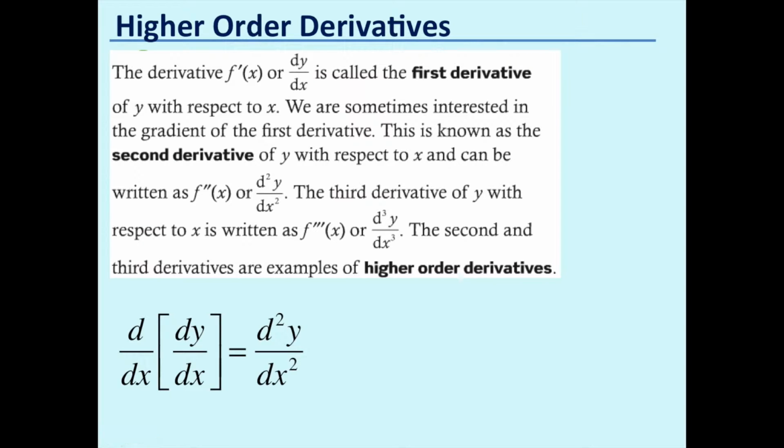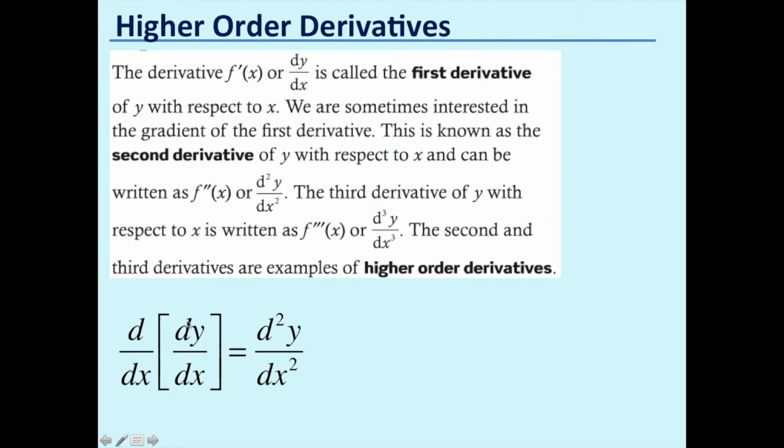So in terms of notation, if we want to find the gradient of a function, we've been using the notation dy by dx. But if we want to find the gradient of the gradient function, it's going to be d by dx of dy by dx, or just, if we multiply these out, d squared y over dx squared, which is how we get this.